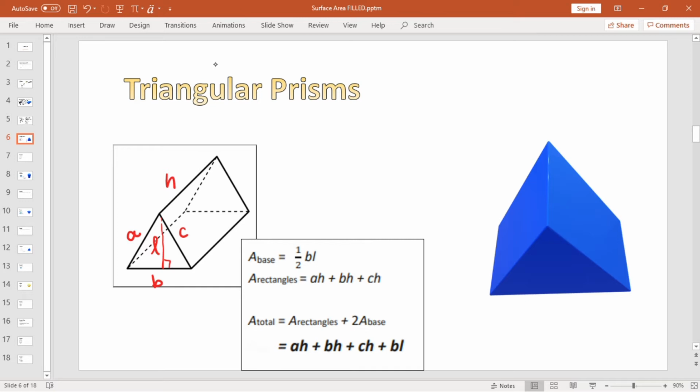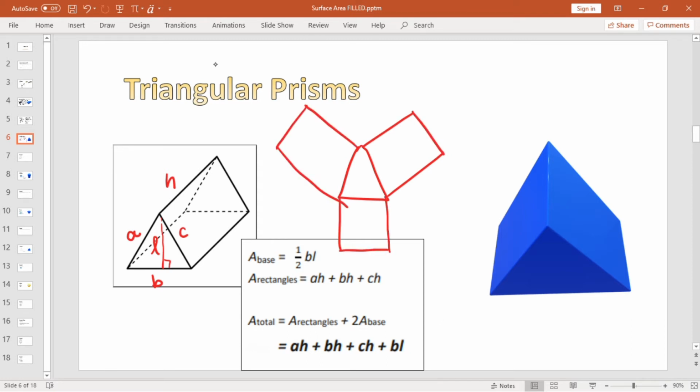And what does this look like? If we unfold it, we have a triangle, and we get these rectangles shooting off all the triangle sides. And they are all H long, but they have a different dimension that's A, B, or C depending on where they are.